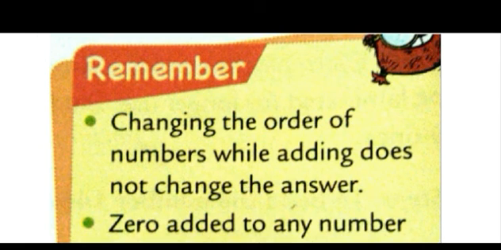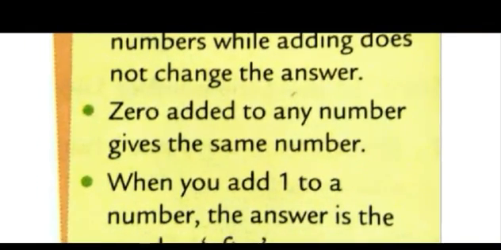If you change the order, like 5 plus 2 will give the answer 7. The answer will remain the same. There will be no change. Second point is 0 added to any number gives the same number. If you add 0 to a number, it will give the same number. There will be no change in the answer.